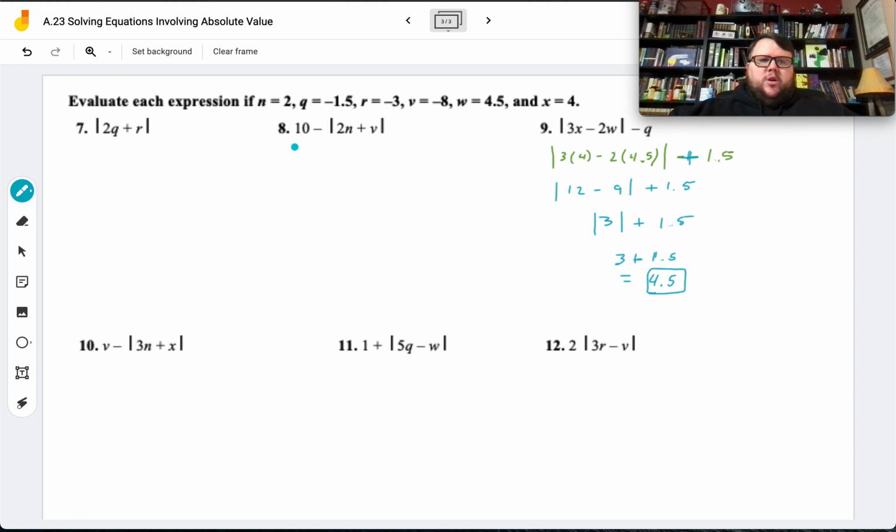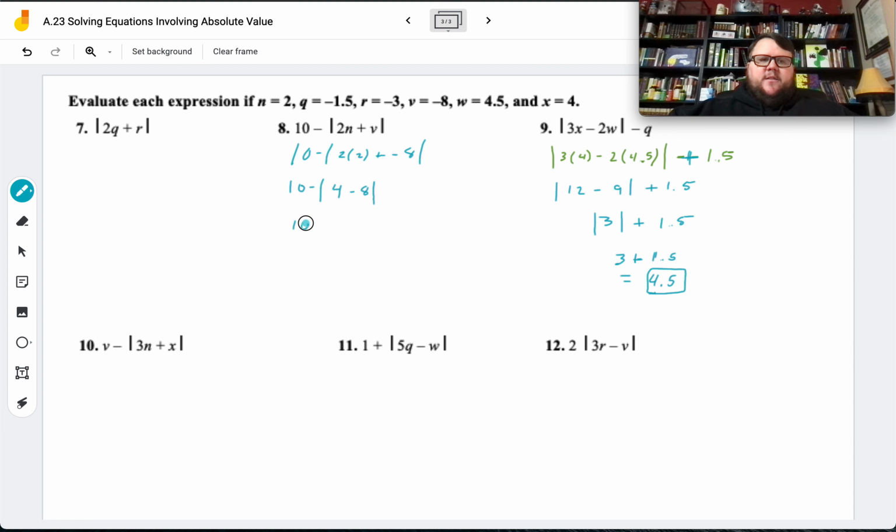Let's do number 8 real quick. 10 minus absolute value of 2 times n, where n is 2, plus v, which is negative 8. So I have 10 minus absolute value of 2 times 2, which is 4, plus negative 8, which becomes minus 8, in the absolute value.